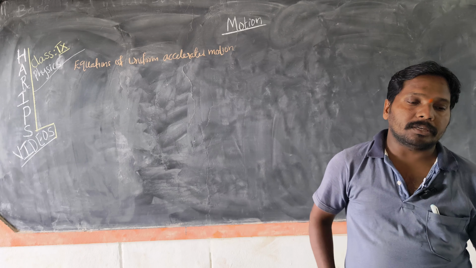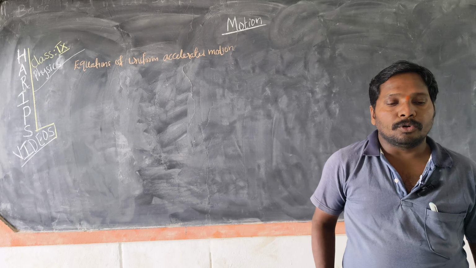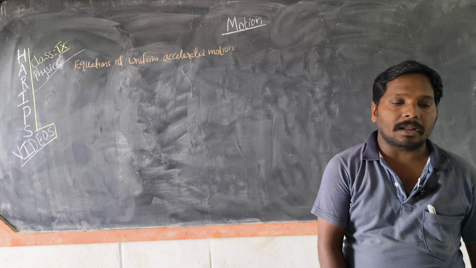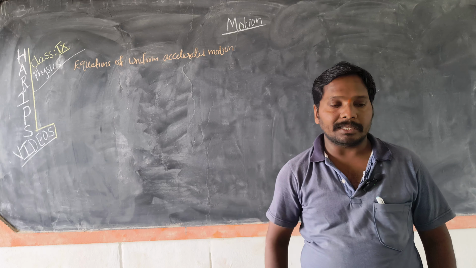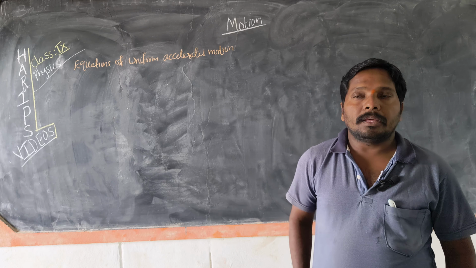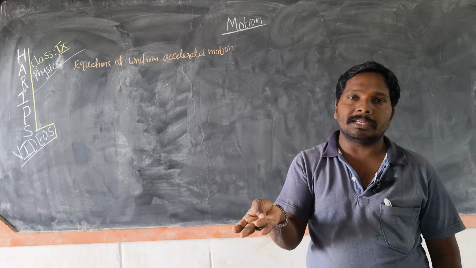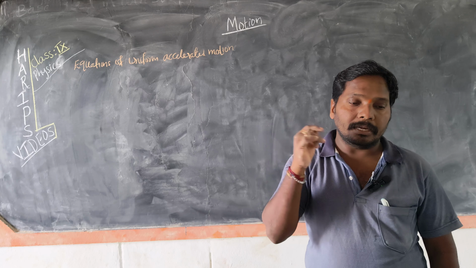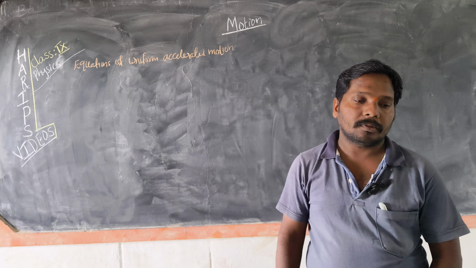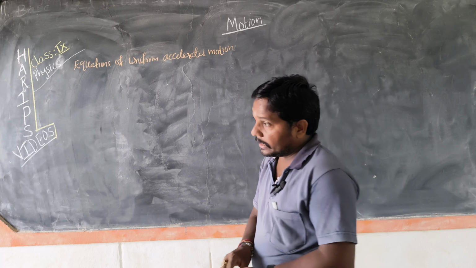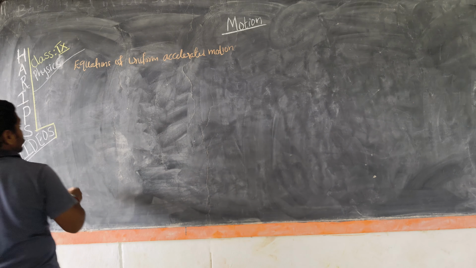We have three equations of motion. These apply to bodies traveling with a uniform acceleration. They give a relationship between velocity, distance or displacement, time, and acceleration. So let us derive those equations.